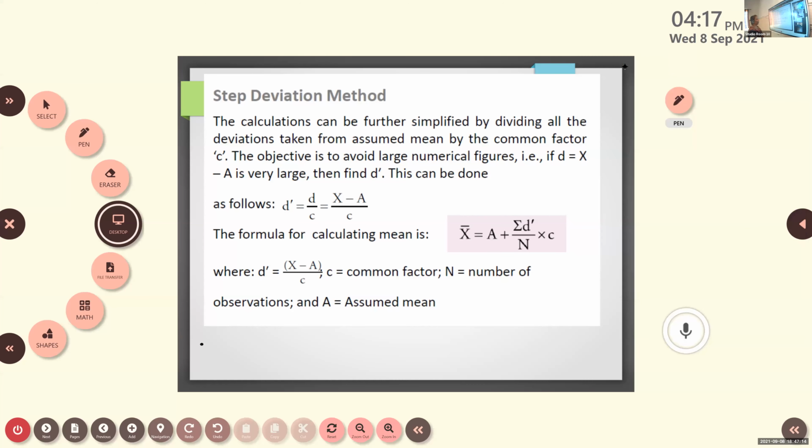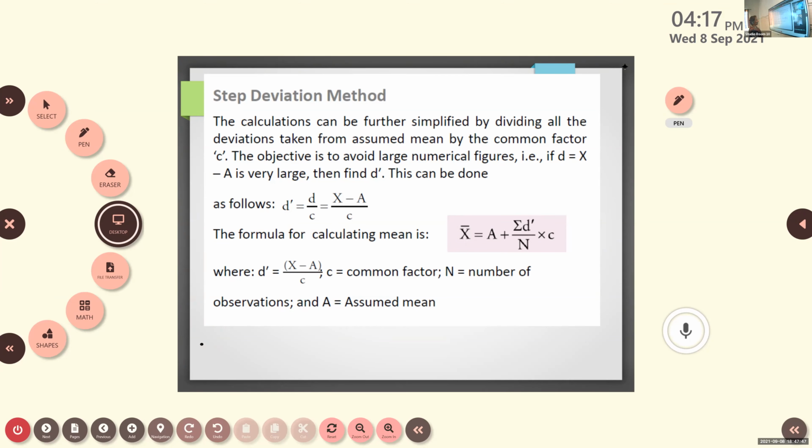Okay. Now, another method through which we can get mean is the step deviation method. Here again, we are simplifying the numbers, because if the figures are very large, or the answer should not be very big, or the calculation is very big, we'll be using the step deviation method.